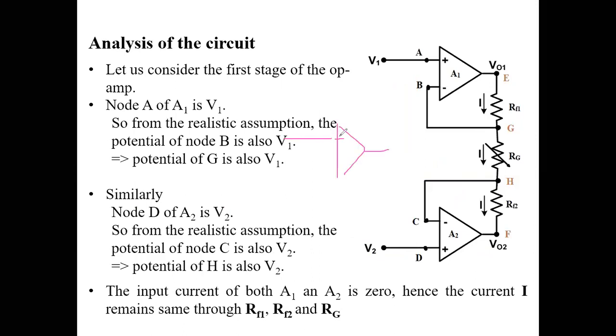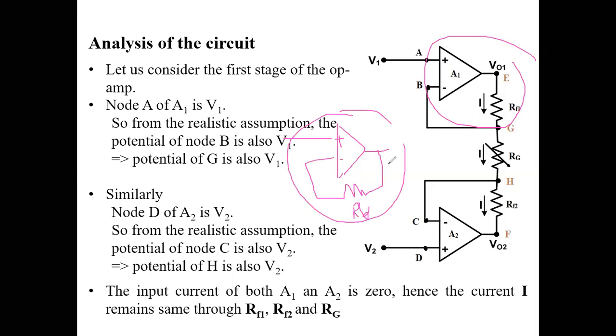The feedback signal is given to the inverting terminal, which is similar to this one. These two are similar; the only thing is we have placed the resistance on this side.